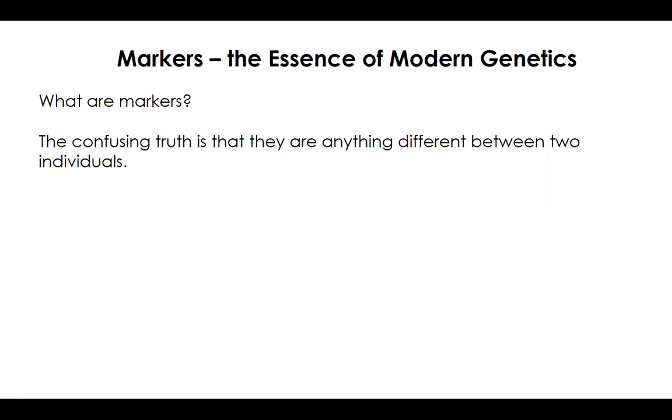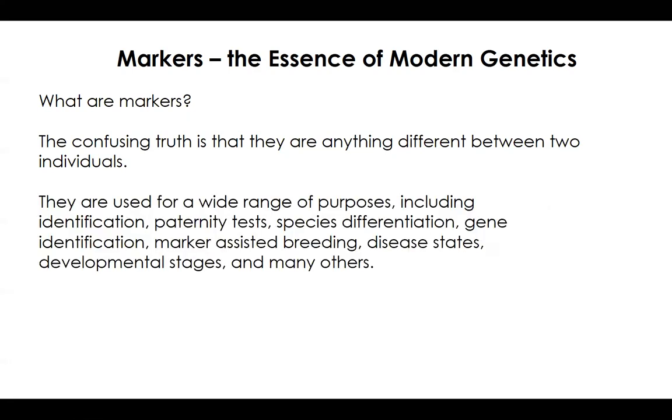So this can, of course, because it's any difference, include a wide variety of different things and be used for a wide range of purposes. This includes identification, as you know, like by the FBI. We'll be talking more about that in a bit. This includes paternity tests, looking at species differentiation, so when species differentiated from each other, we can look at gene identification.